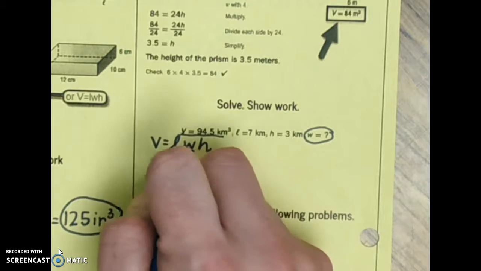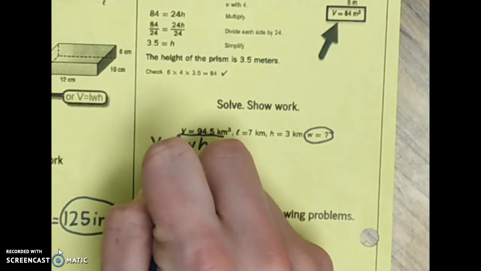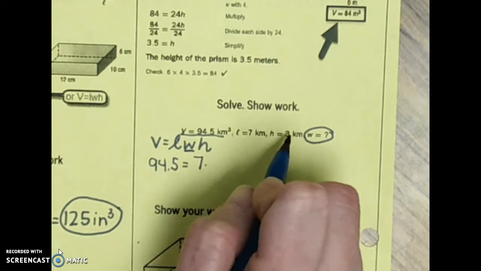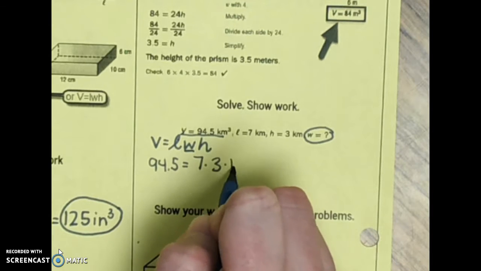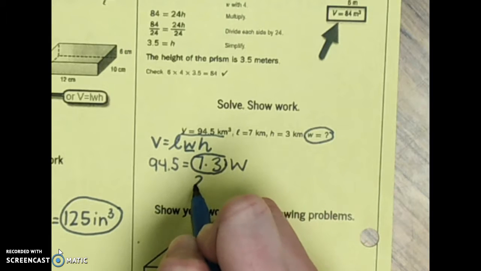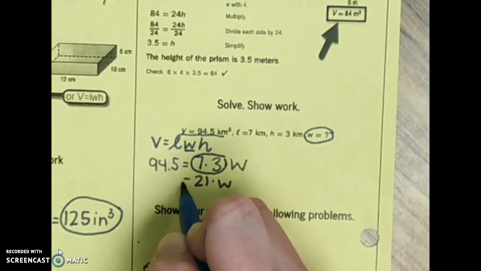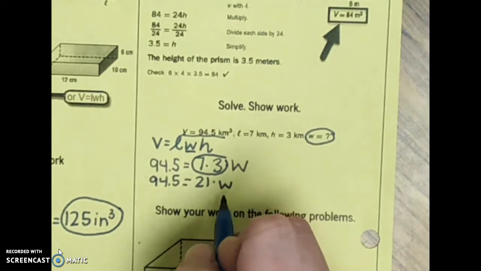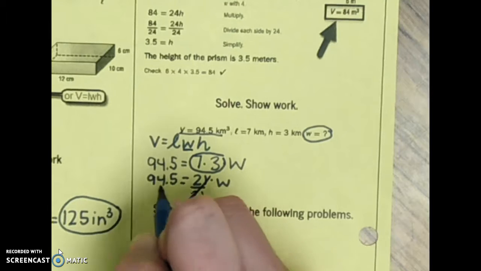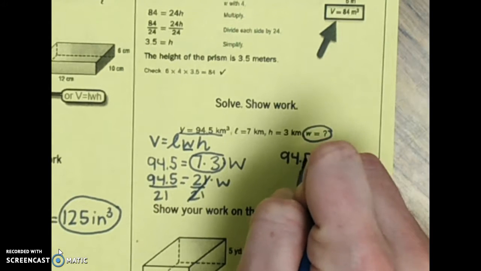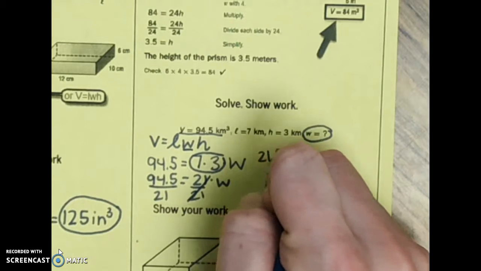So V is 94.5, so 94.5 equals L is 7. The height is 3, and I'm going to put the W at the end. Because that way we can see that 7 times 3 is 21 times W, 94.5. The opposite of multiplying 21 is dividing 21. So I have 94.5 divided by 21.